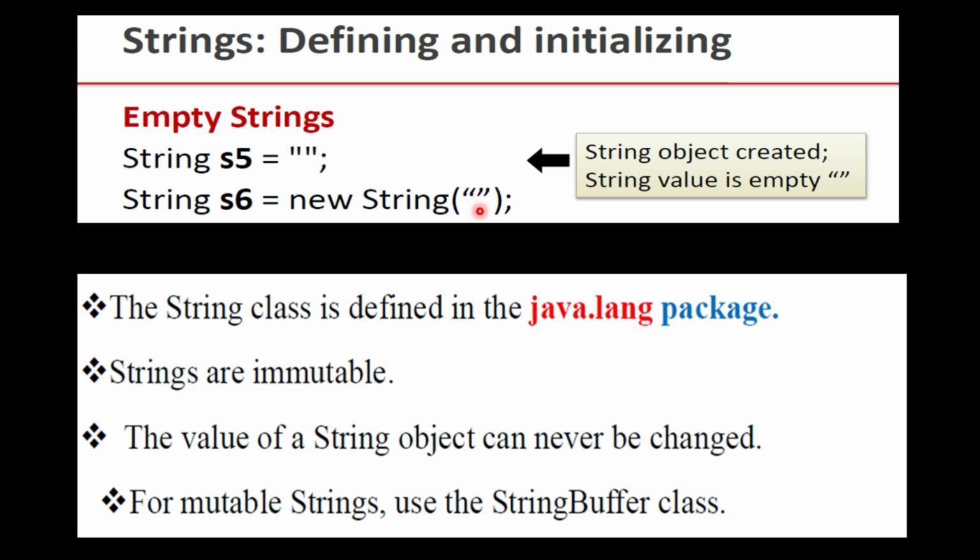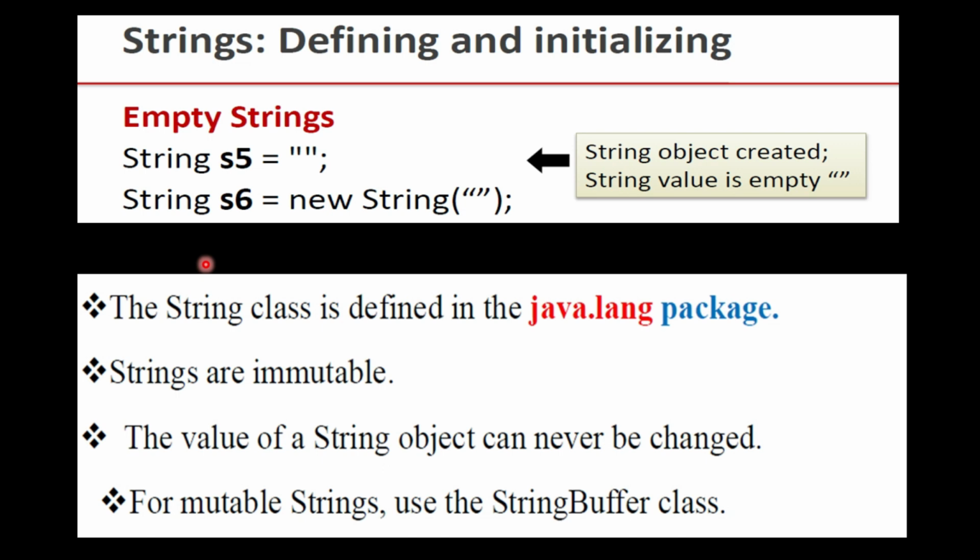So a string object is created, and the value of this string is empty. There is nothing. There are many situations where you need to declare a string which is empty. We will most probably be using these methods, mainly the first one, String S5 = simply double quotes. Don't keep any space in between.